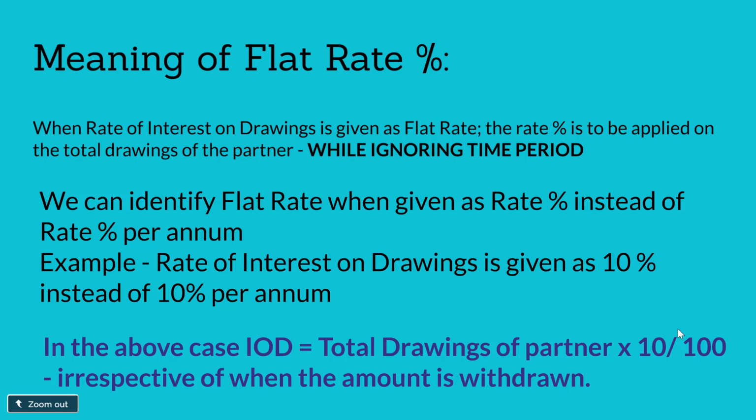This means that it's flat rate. We need to get the total drawing of the partner and apply the rate directly on the total drawings of the partner to get the interest on drawings for that partner. Irrespective of when the amount is withdrawn, the rate has to be applied directly on the total drawings of the partner, ignoring the time period.